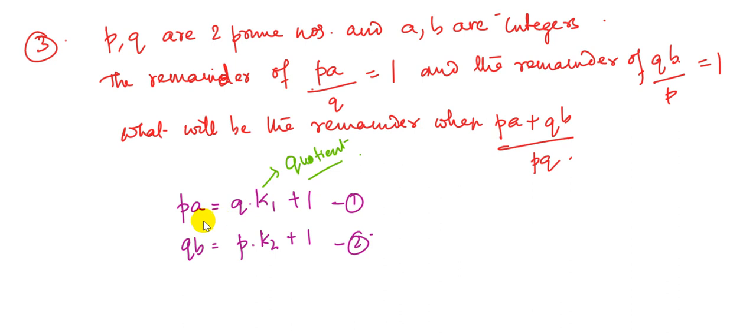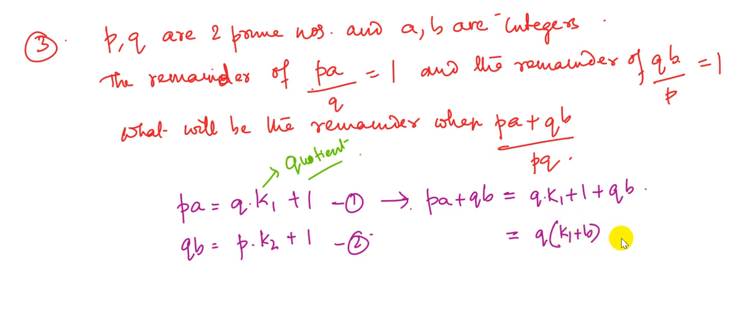So what I'm going to do is add QB to the first equation on both sides. So PA plus QB equals Q into K1 plus 1 plus QB. Can I write this? So this is equal to Q into K1 plus B plus 1. So this is an integer because A and B are given to be integers.